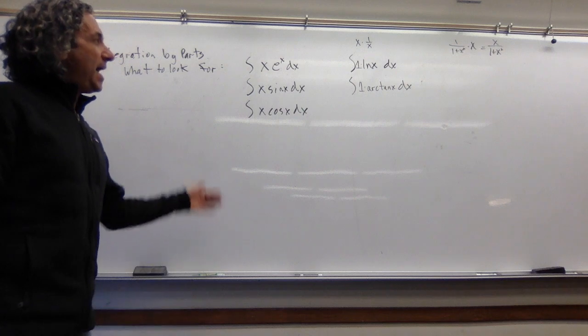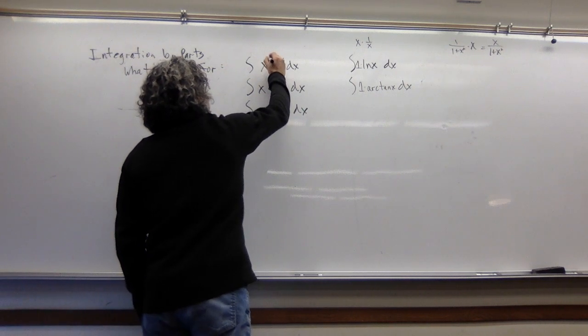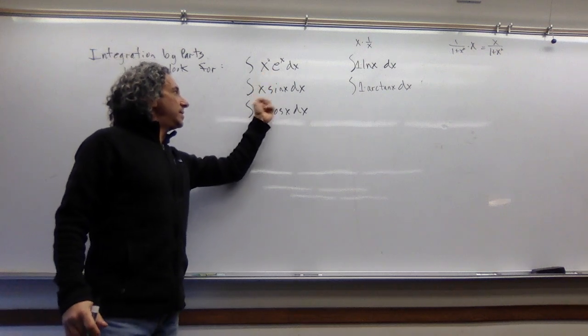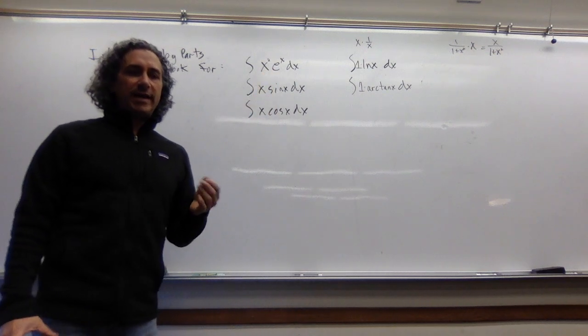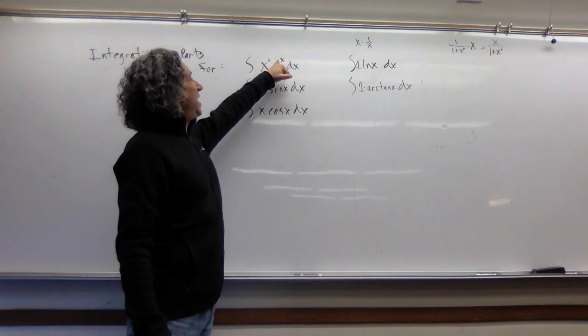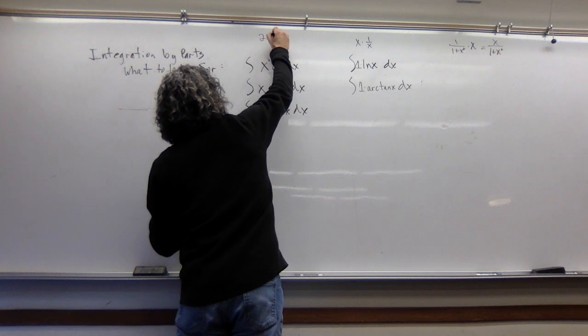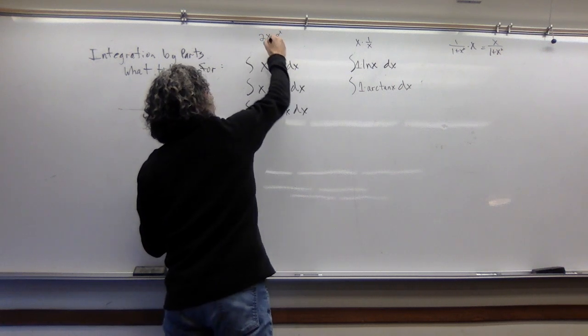Let me add a couple of comments. So x squared times e to the x would also be a great integration by parts candidate, because if I take the derivative of this, I get 2x, times the antiderivative of that, e to the x.